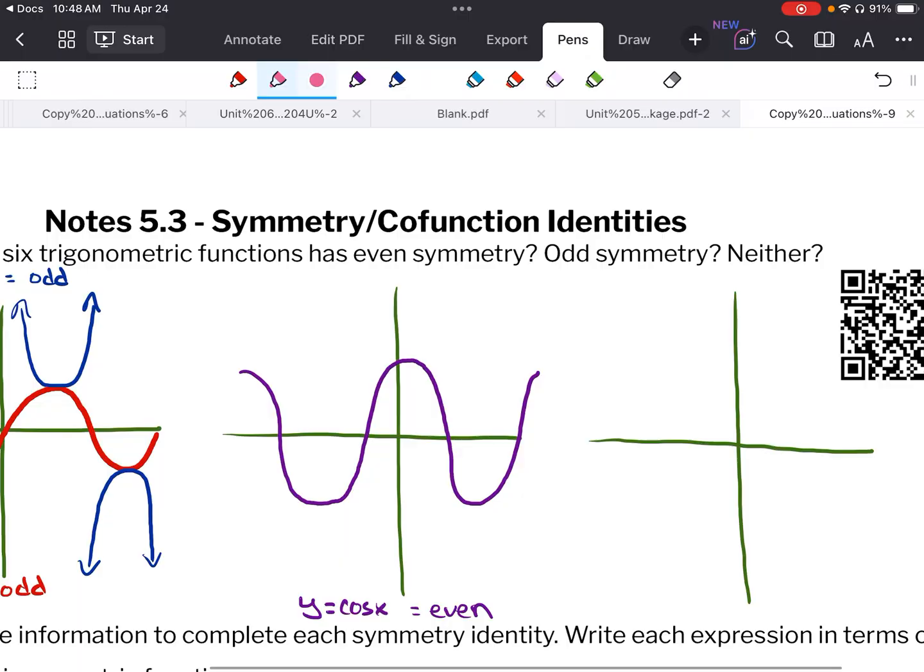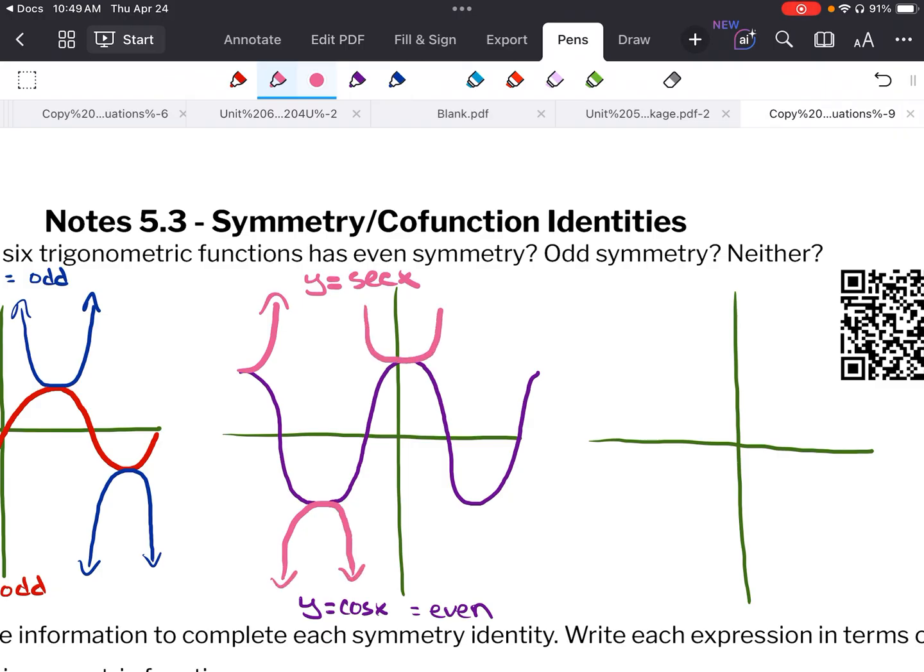And then if we look at secant, which is the reciprocal, just like the other one, it touches on the maximums and minimums, and it will also be an even graph.